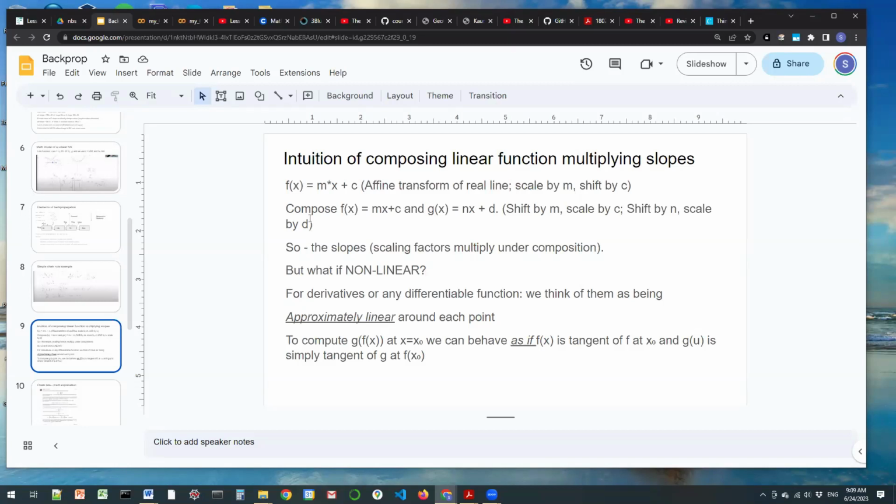Therefore, m times n. So this is an intuition of why in the chain rule we multiply m and n, assuming the functions are linear.